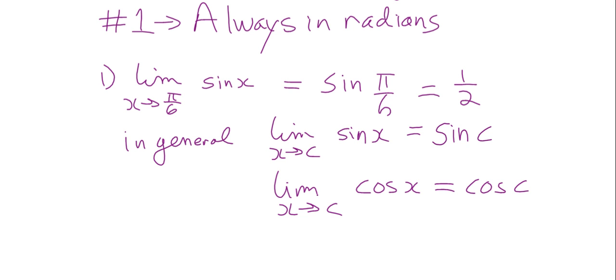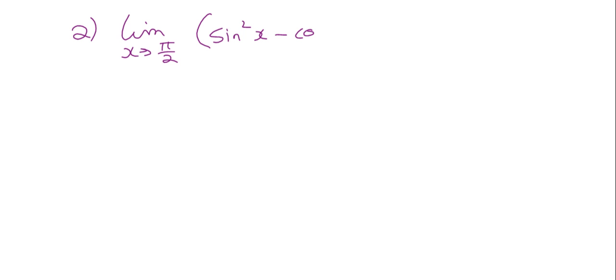Okay, let's step it up a smidge. Number 2. Limit as x approaches pi over 2 of sine squared x minus cos x. This kind of goes back to those limit properties, right?